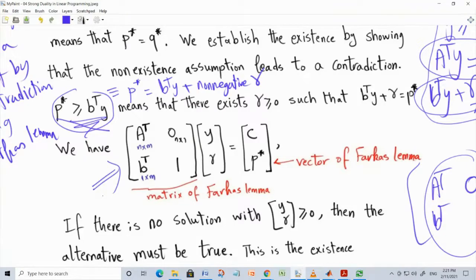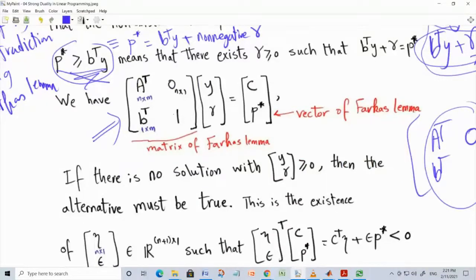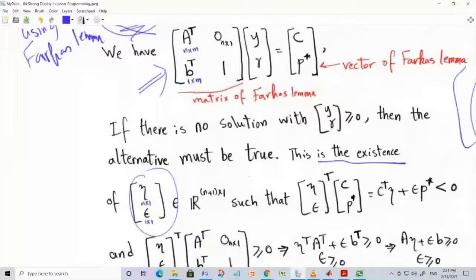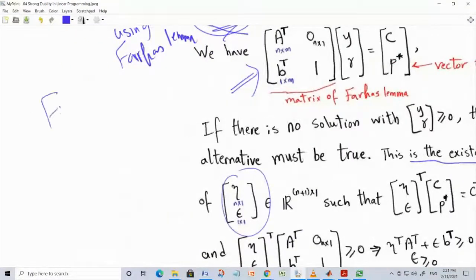It must be the case that one and only one of these two statements is true and the other is false. The two statements cannot be true at the same time. The two statements cannot be false at the same time. So let's suppose that this alternative is false. Then, by the Farkas Lemma, there exists a vector such that, so let me remind you of the Farkas Lemma.